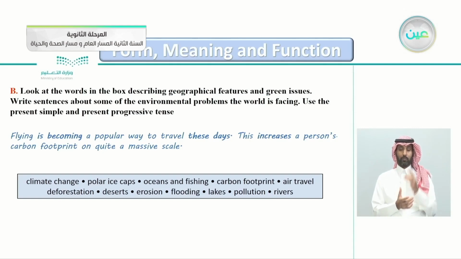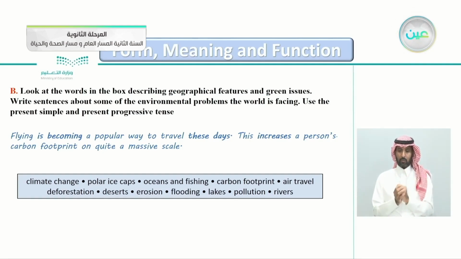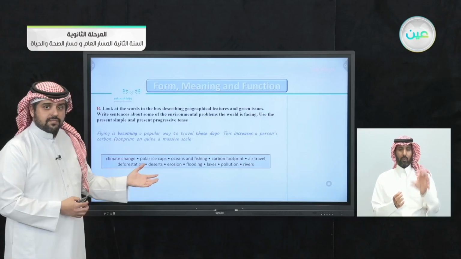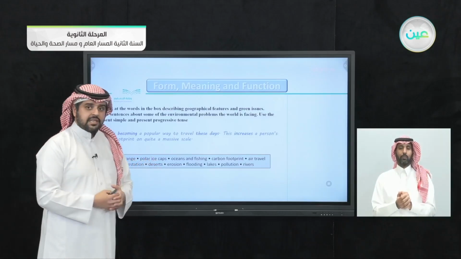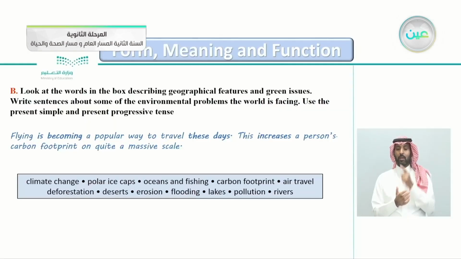So you can use here some of these words: climate change, polar ice caps, oceans and fishing, carbon footprint, air travel, deforestation, deserts, erosion, flooding, lakes, pollution, rivers, and so on. So you can use any of these words to write maybe 1 or 2 lines describing geographical features or green issues.